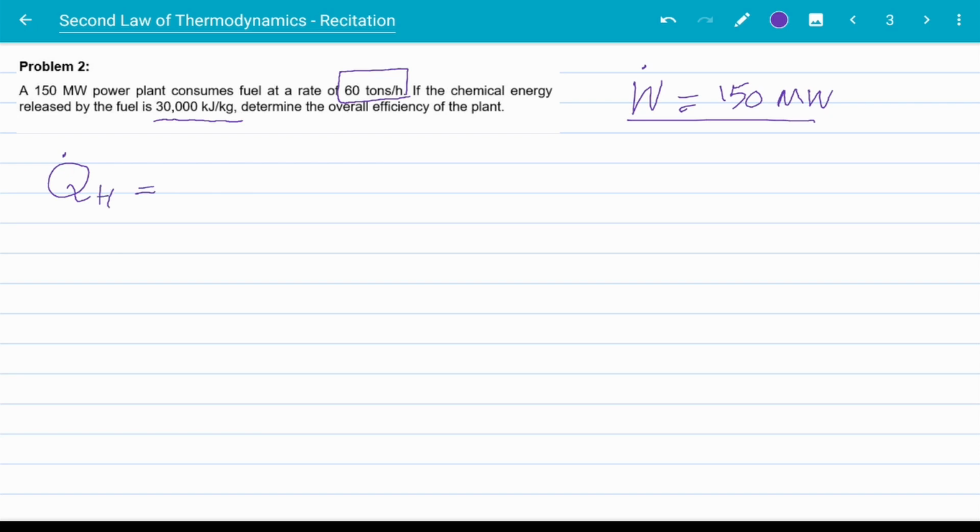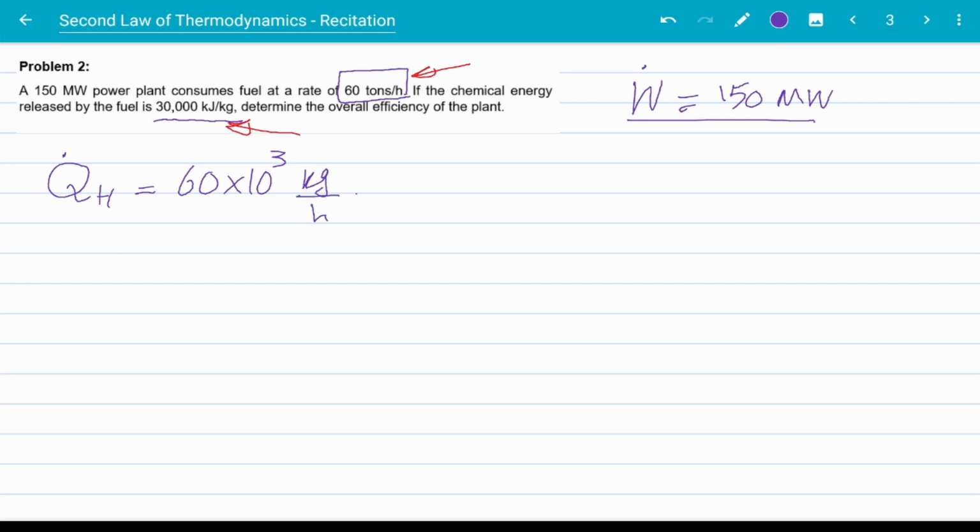is the amount of energy provided to our heat engine, in this case, our power plant. Our power plant is burning 60 tons of fuel per hour, and every kilogram of that fuel is giving us 30,000 kilojoules. So overall, Q dot H is 60 tons, which is 60 times 10 to the power of 3 kilograms per hour.